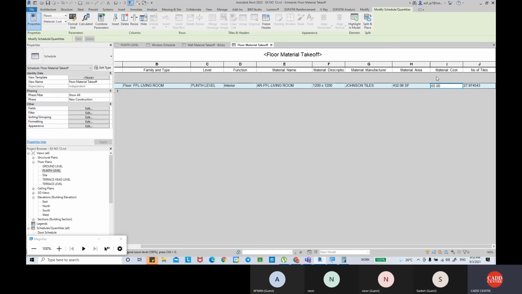And you know the cost also, so you can give total cost, number of tile multiplied by the cost of material.